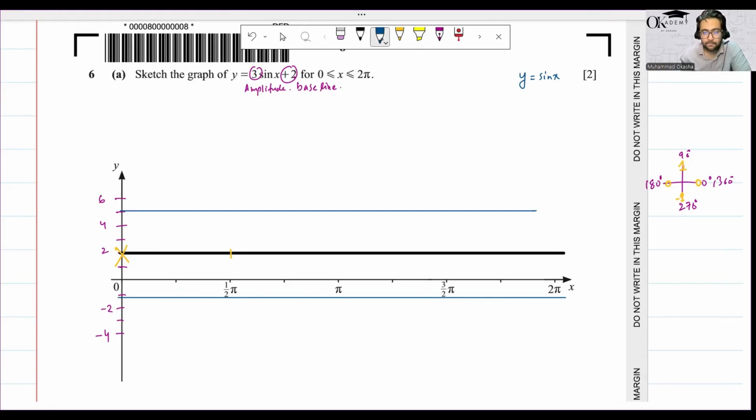I'll drag it all the way to the end. I'm going to make this line a dotted line, and this line a dotted line as well.